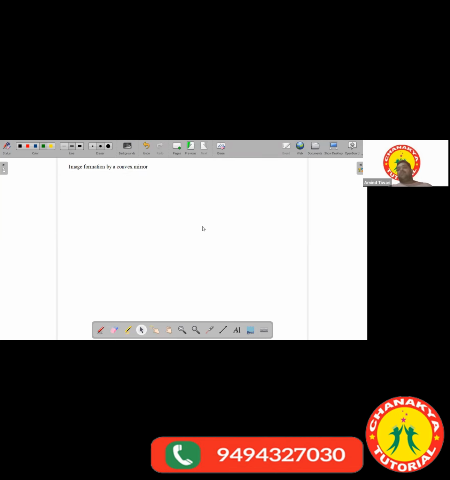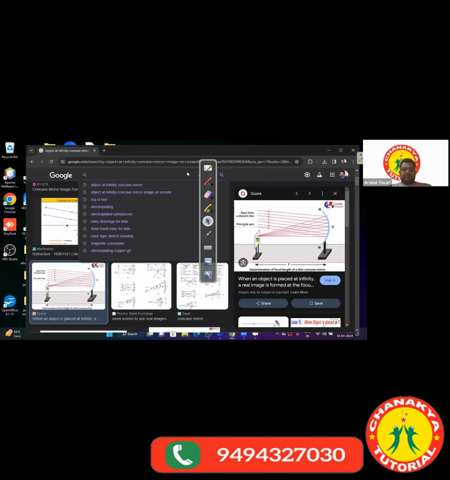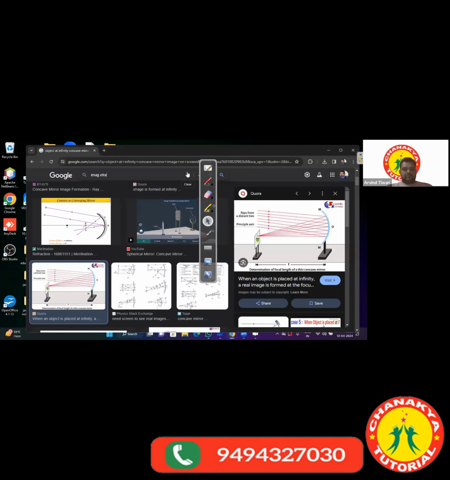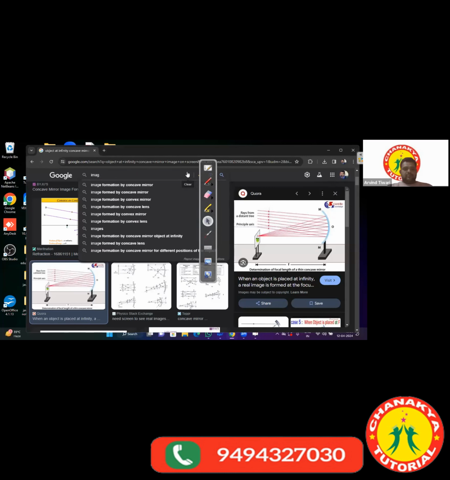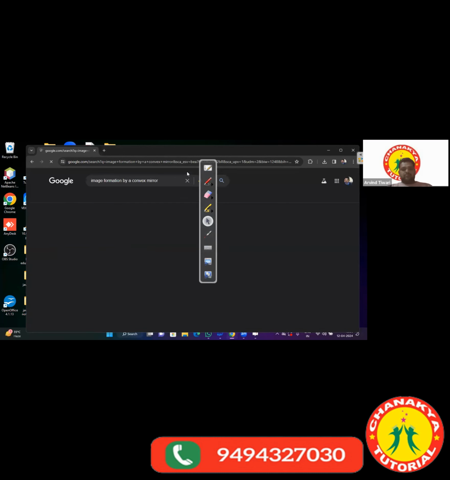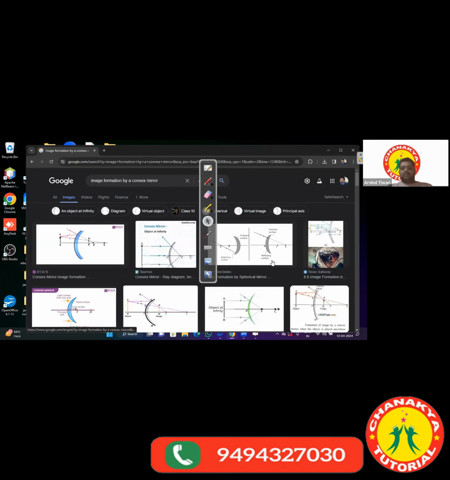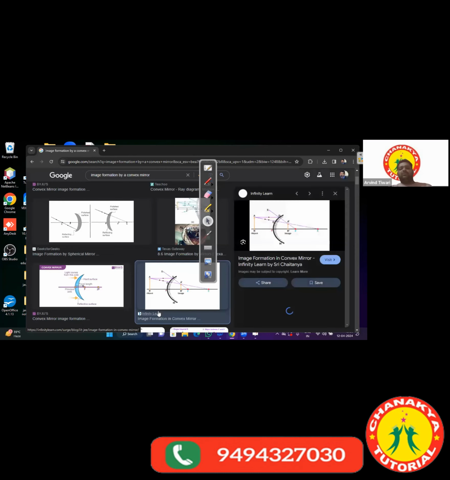We observe that a convex mirror always forms a virtual image. For a convex mirror, there are just two cases, and out of these, the most important is this one.